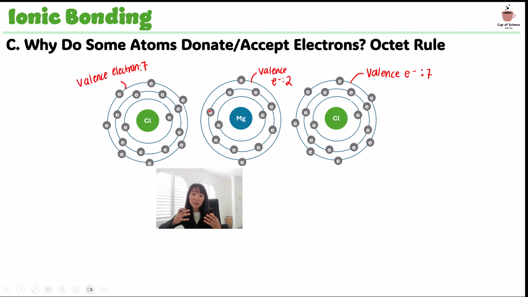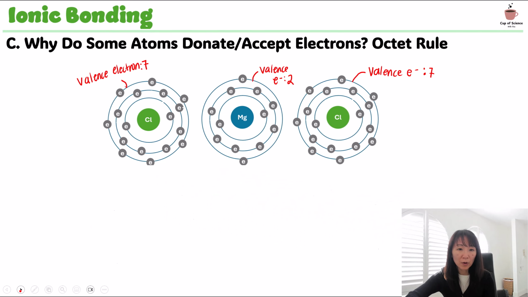So now magnesium has achieved its octet because it has donated the 2. The outermost layer has 8. This is how we know which one will donate and which one will accept: whichever is easier to get to the octet.